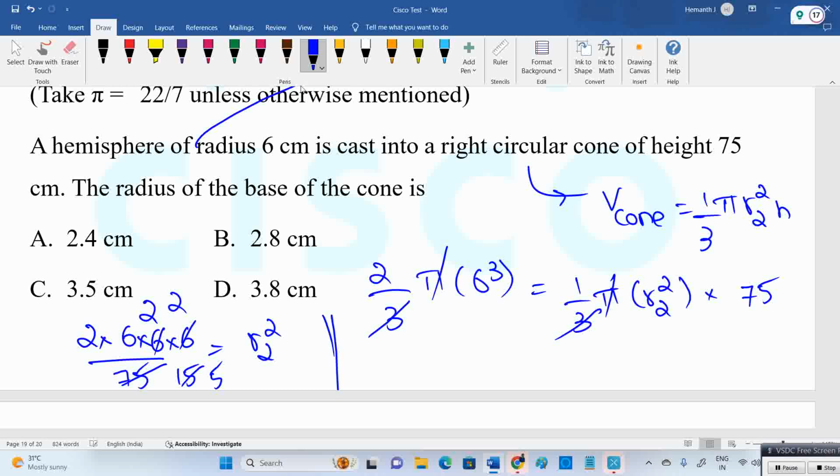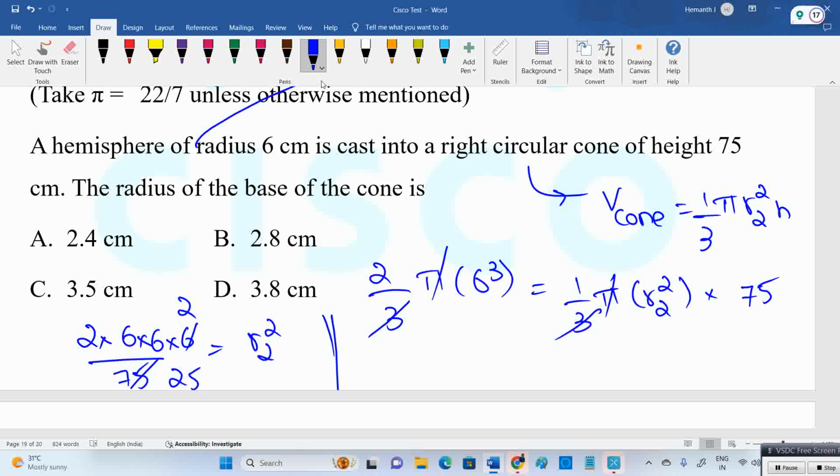Anything left over? 2 by 3 pi r by 20. Thanks for catching the calculation mistake. 3 2 times, 3 25 times. So numerator 36 into 272, into 4 will be 2.8.